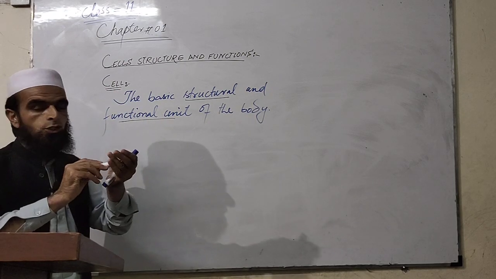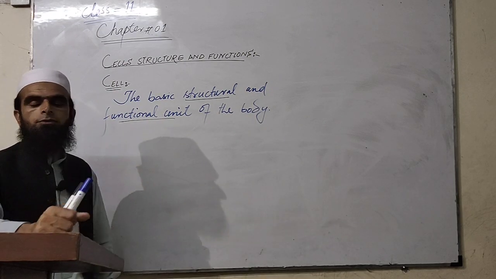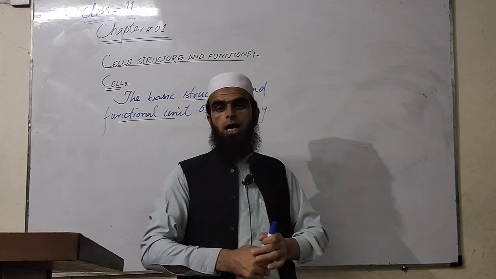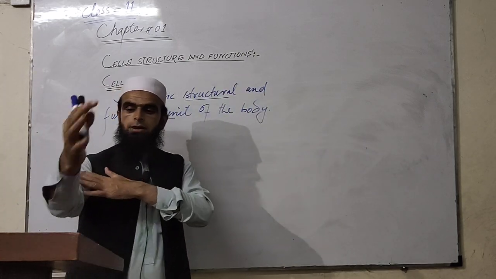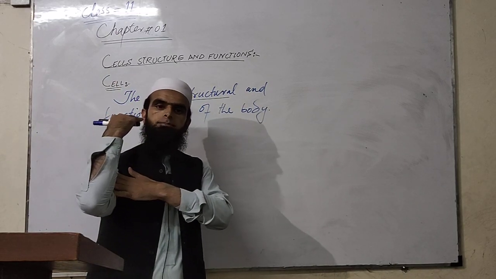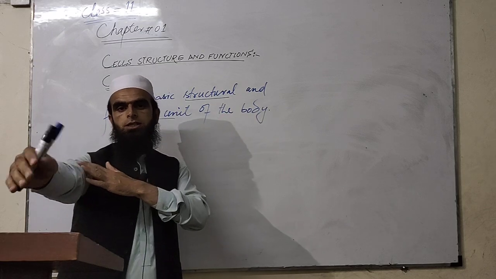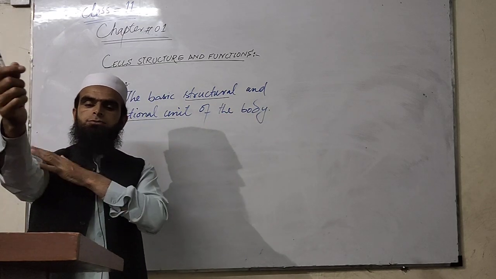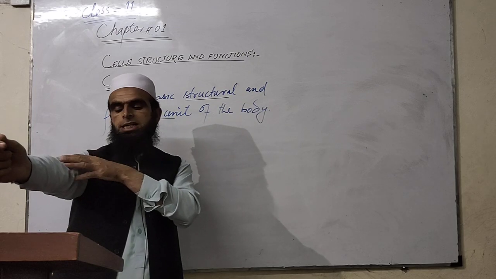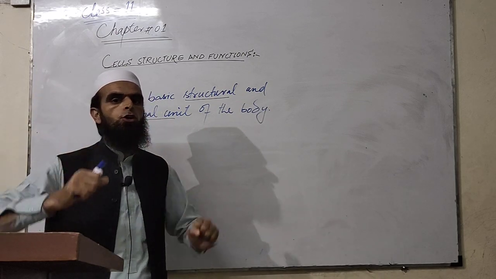For example, if we talk about the movement of different parts of the body, we walk, we run, or we move our hand. The hand is bent and then straightened. How does this movement of the arm take place? It is because of the contraction and relaxation of the body muscles.